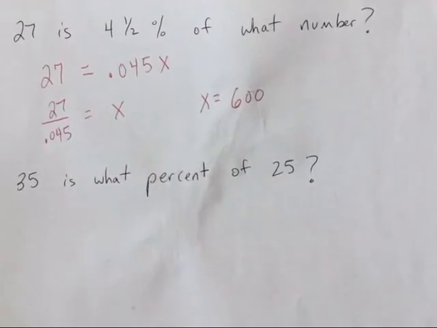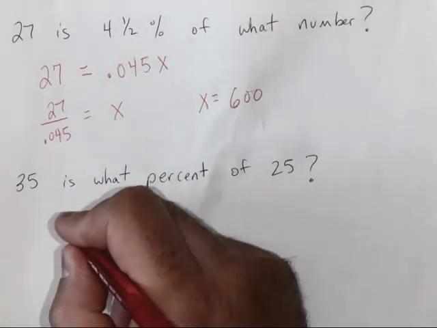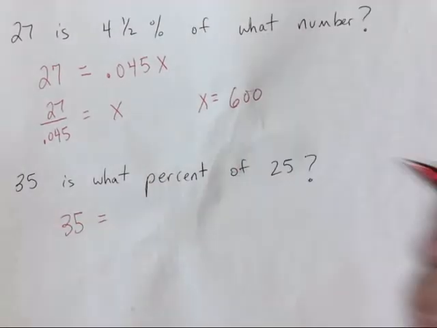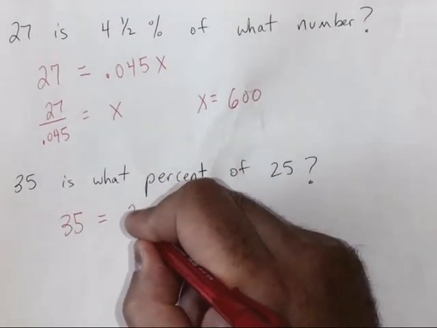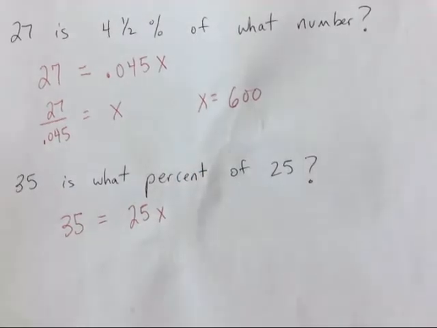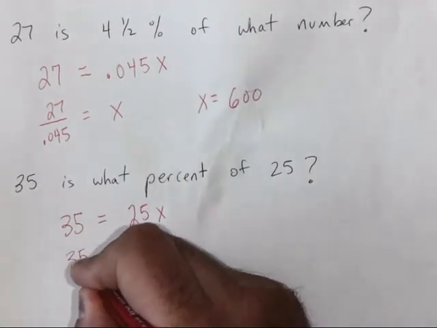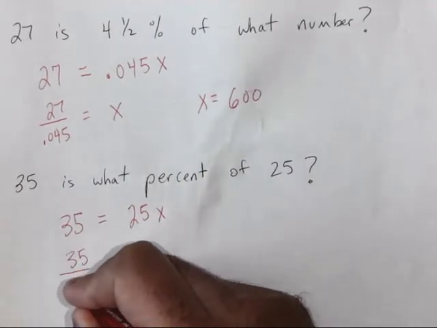And then last but not least, 35 equals what percent of 25? So 25 times x. Divide the number opposite x by what's in front of x.